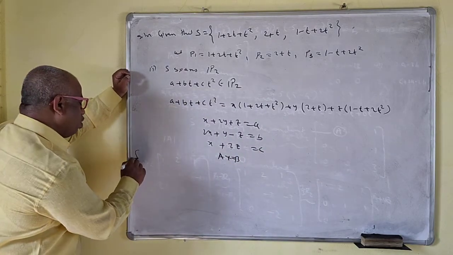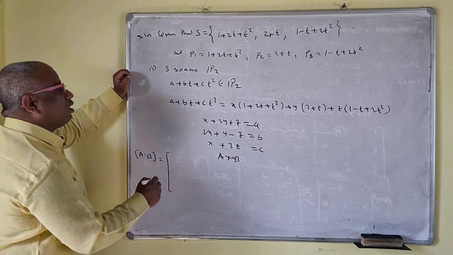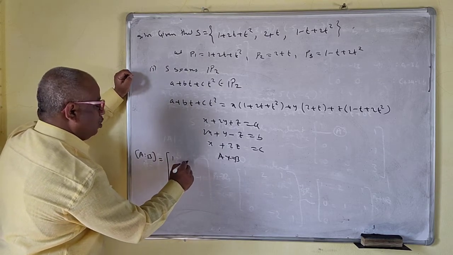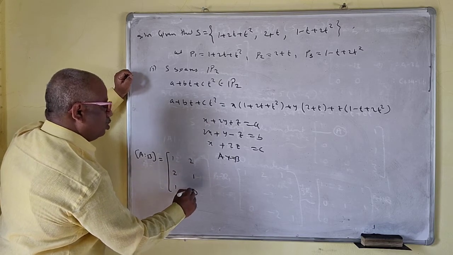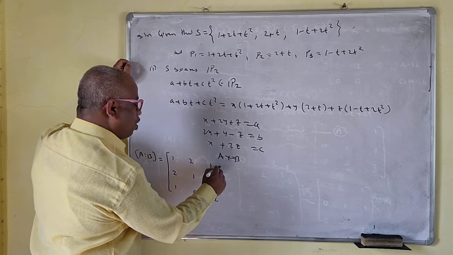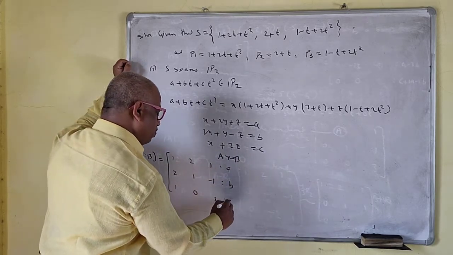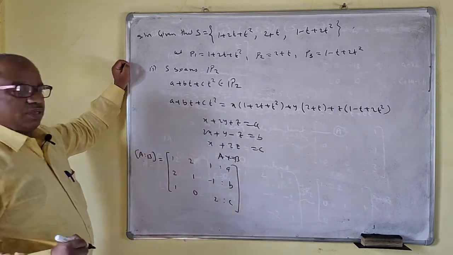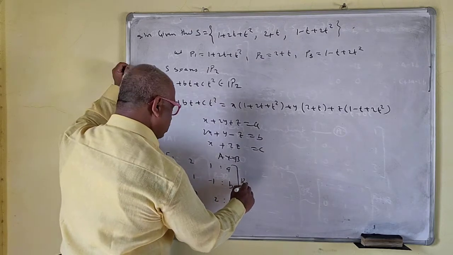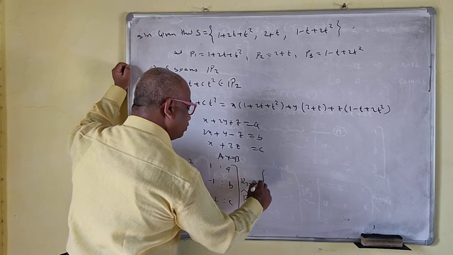This system can be written in matrix form as Ax is equal to B. Now we have to write the augmented matrix: 1 2 1, 2 1 minus 1, 1 0 2. You have to do the same operations as before: R2 minus twice R1, R3 minus R1.